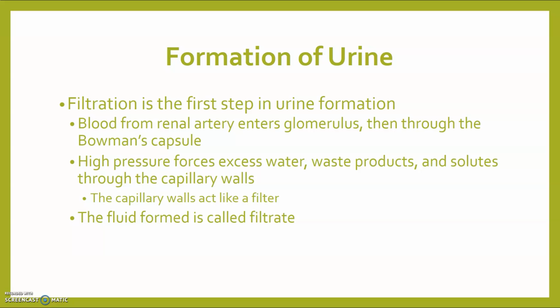Those solutes can be things like glucose, amino acids, salts, and urea. You want to think of those capillary walls as being like a filter to filter those substances out. And the fluid that is formed from this process is called filtrate.